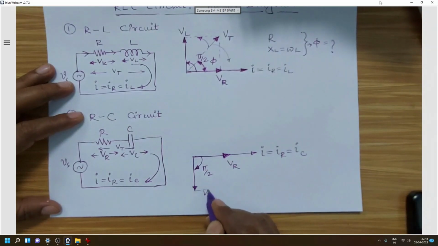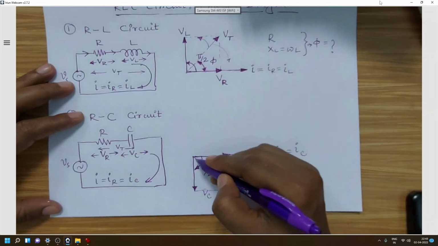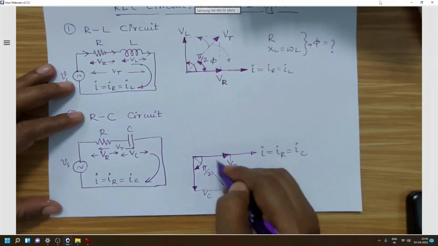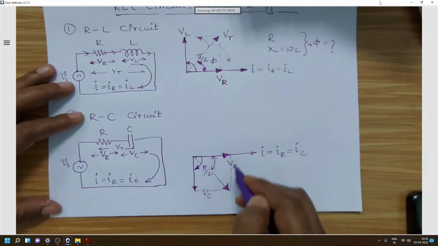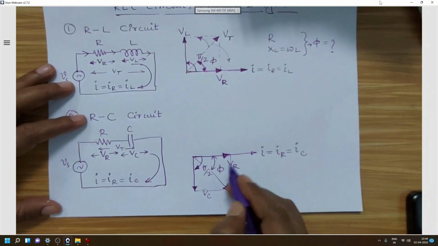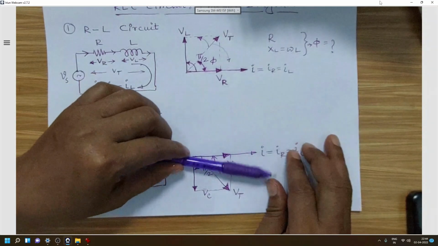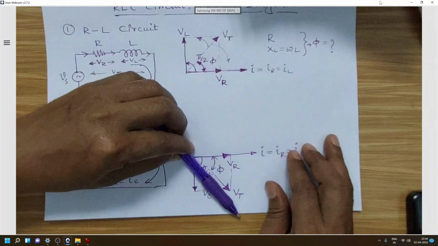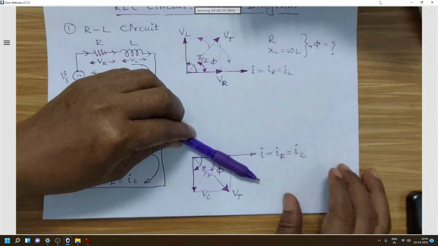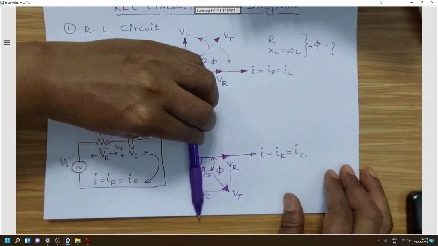Now if we want to draw the resultant of these two, we will find one phasor in this direction, and the angle between the current and VT, the resultant, will be the phase angle. In this case also, if the resistor has a big value, then the resistor will try to bring the resultant in the direction of current, and if 1 by omega C increases, then it will go in the perpendicular direction.